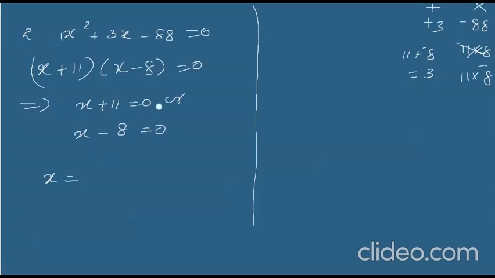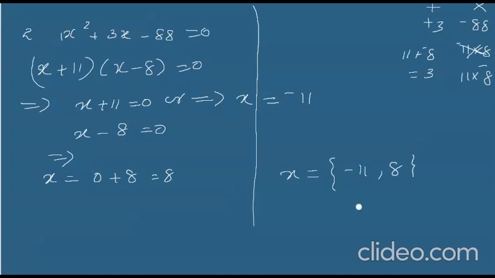So what is x? X is equal to 0 minus 11, that is negative 11. Or x minus 8 is equal to 0 implies x is equal to 0 minus 8, move to the other side, become plus 8, is equal to 8. So x has two values, either negative 11 or 8.